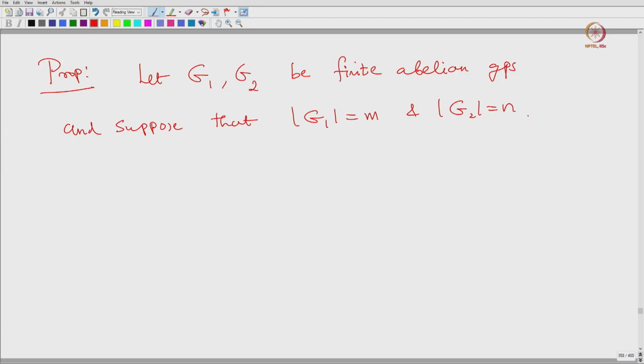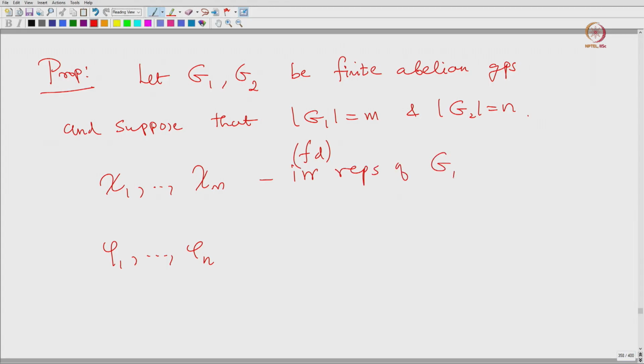Then we can assume chi 1 etcetera up to chi m, and phi 1 etcetera up to phi n, are the irreducible representations of G1 and G2 respectively. These are all the finite dimensional irreducible representations of G1 as well as G2 respectively.